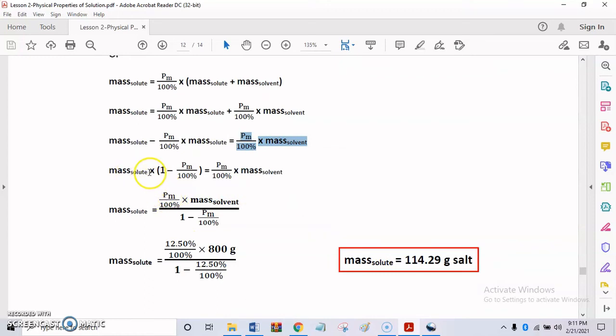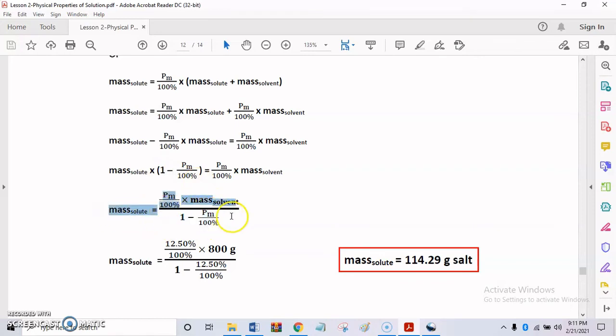So, now we have mass solute. This equation here, we move to the other side. But since it is multiplication, it becomes division. So, you move it down. PM over 100 times mass solvent is now equal to, over, 1 minus PM over 100%.